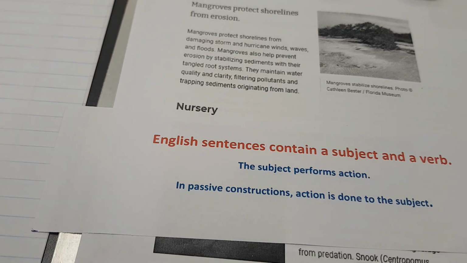I'll come to that just now. In passive constructions, action is done to the subject. In active constructions, the subject is the one doing the action. In passive constructions, something is being done to the subject.